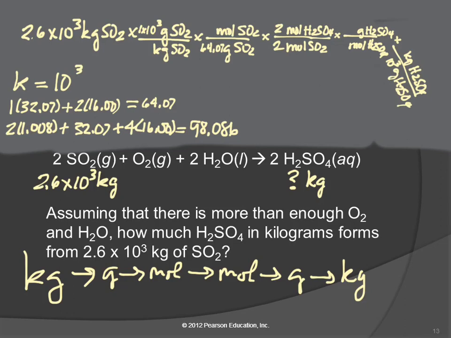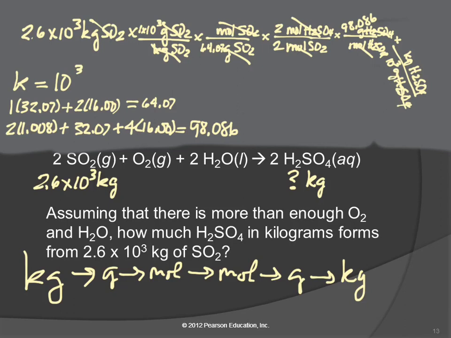And so we're going to squeeze that in here, 98.086. It's all messy and cramped, I'm sorry. Let's double check that our units cancel out. Kilograms of SO2, grams of SO2, moles of SO2, moles of H2SO4, grams of H2SO4. We're left with kilograms of H2SO4, which is what we want.